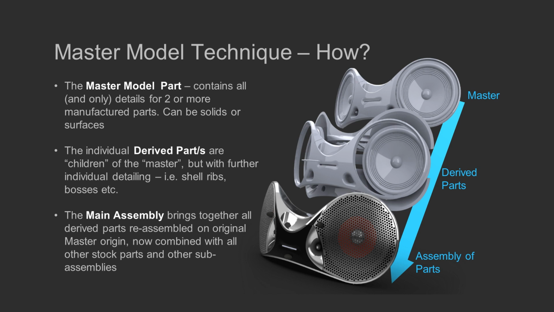And then at the end of the tree from the master model part, you can derive out individual parts that share this geometry and become the first feature in the derived part, where you can add further detail. After the parts are completely detailed, they are assembled back into a main assembly that becomes the product.